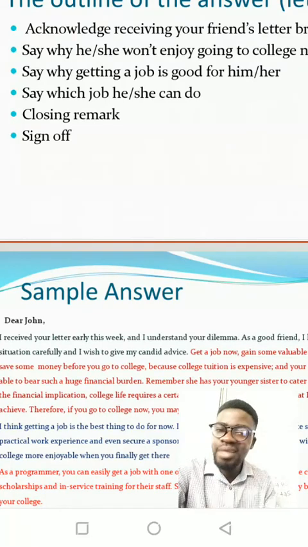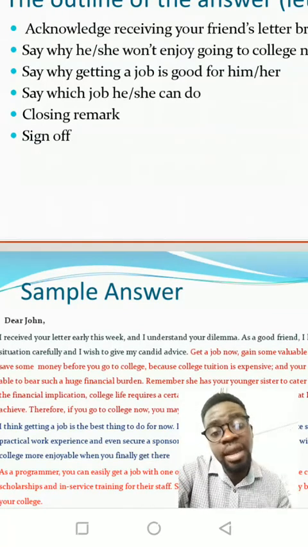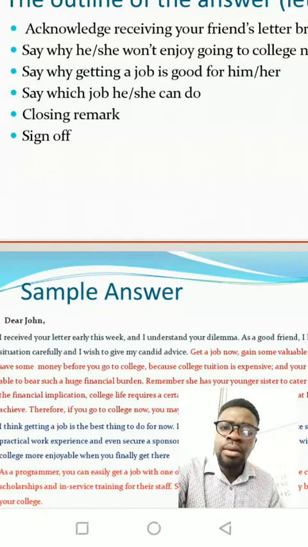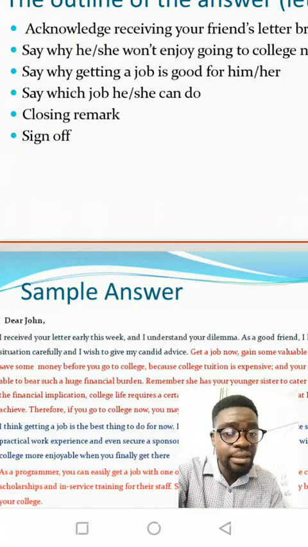No, that is not indicated in the question prompt. So if you take all your time writing to find out about your friend's well-being and job, whether they are moving on well or not, it will not help you much. You won't be addressing the task.